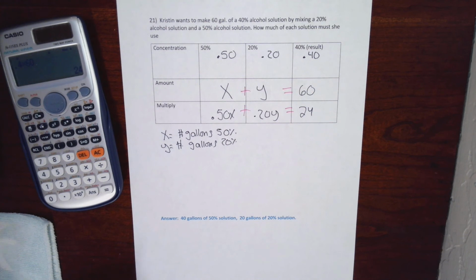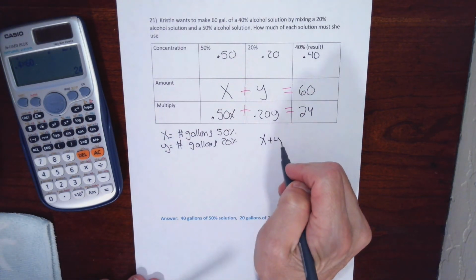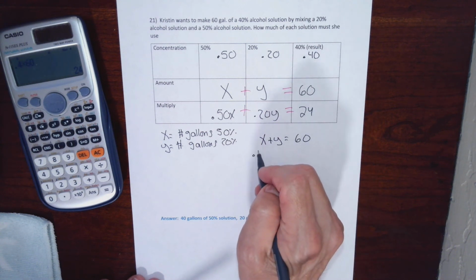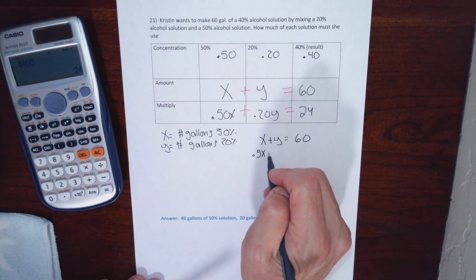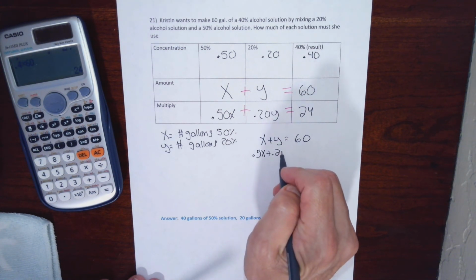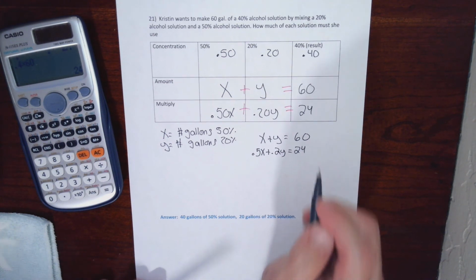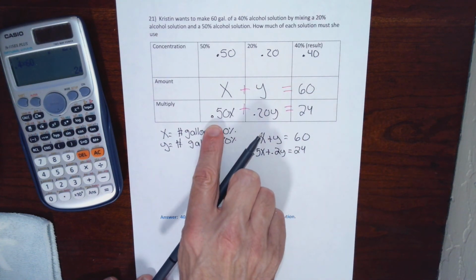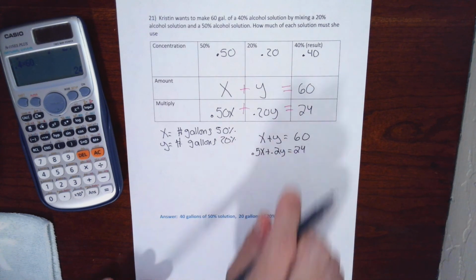The system of equations that I need to solve is going to be x plus y equals 60, and 0.5x plus 0.2y equals 24. I don't need the zeros, so x plus y equal to 60 from the amount row, 0.5x plus 0.2y equal to 24 from the multiply row. I suppress the zeros.